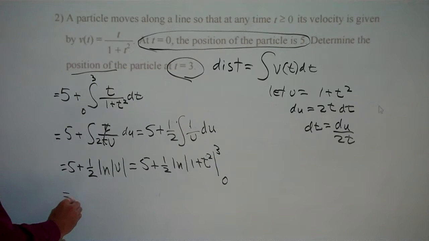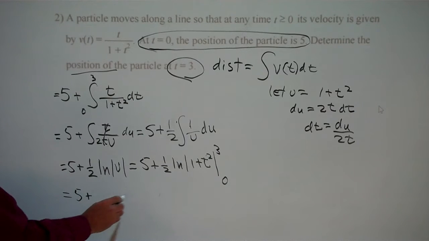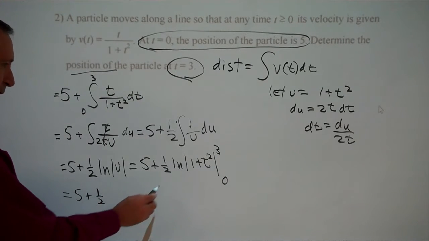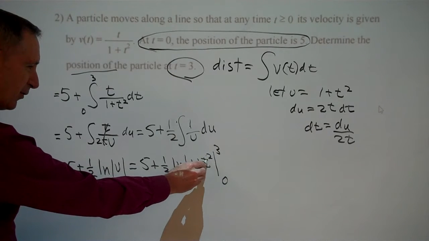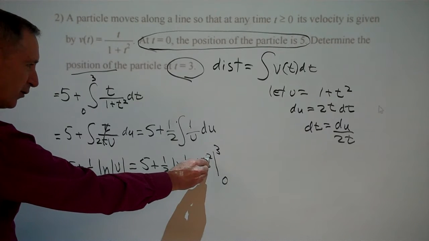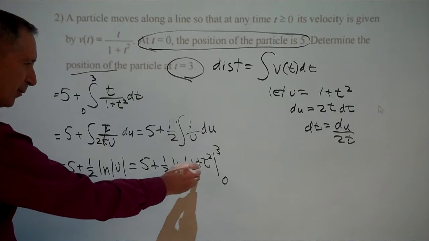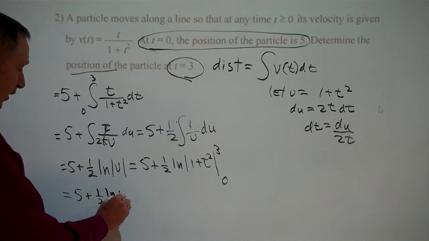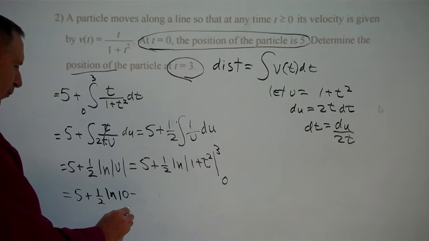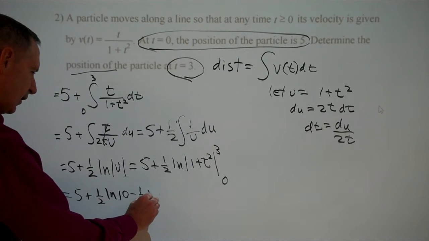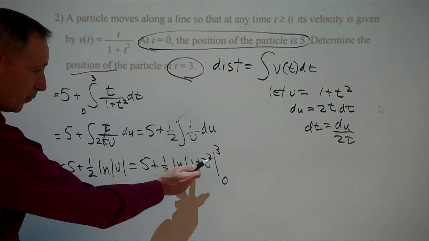Coming down here, we have 5 plus 1/2, and if we replace this t with 3, we have t squared, which is 9, plus 1 is 10. So we have ln of the absolute value of 10, which is 10, and we're going to subtract 1/2 ln of 1.